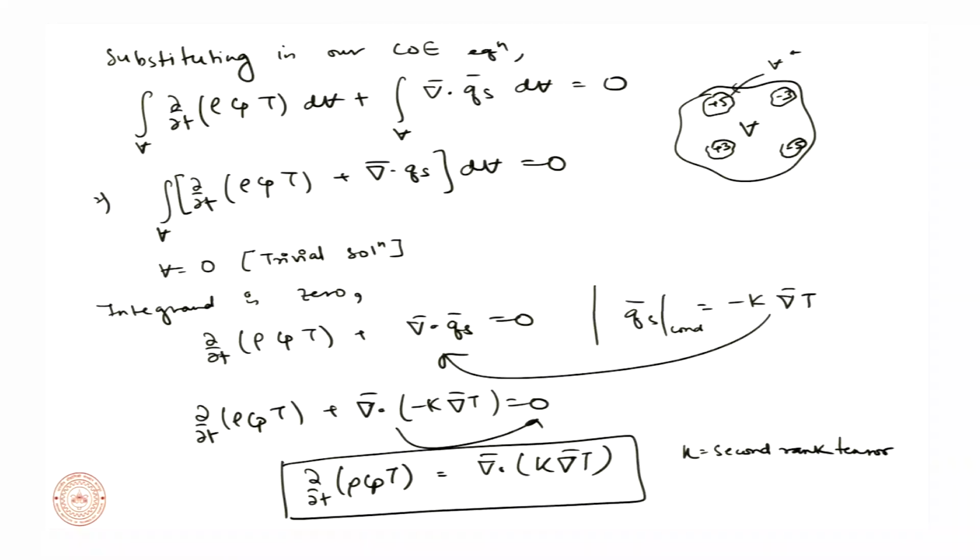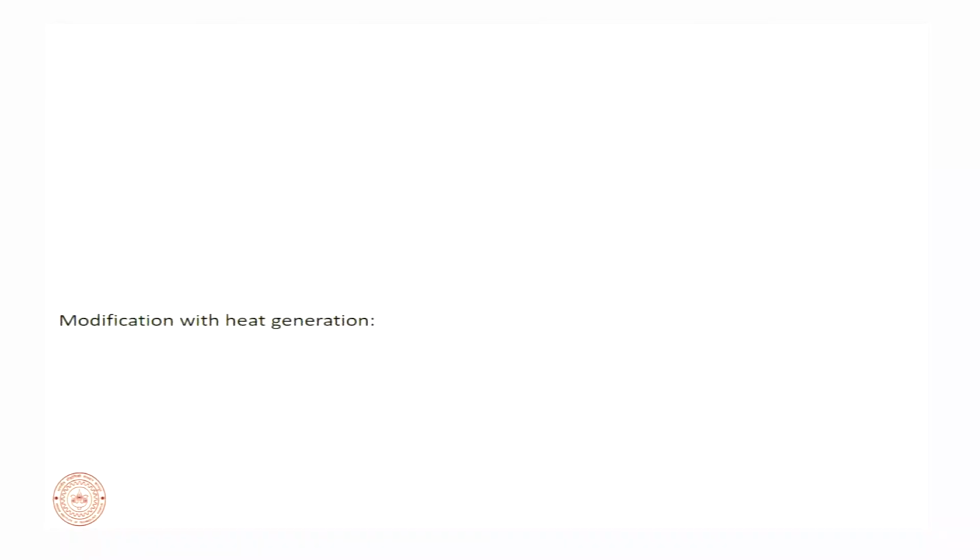It can have different values in different directions. Only in the case of an isotropic system, K is a constant. That means it is K into I. Each diagonal element is the same.